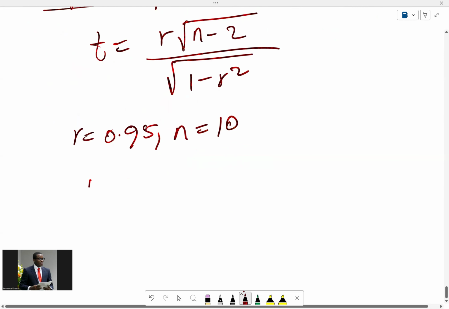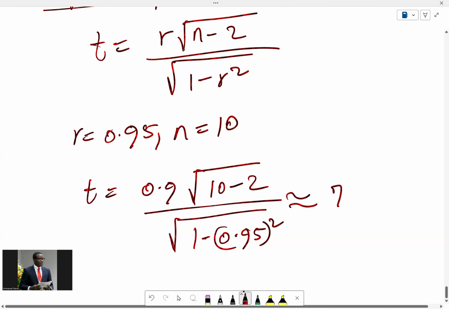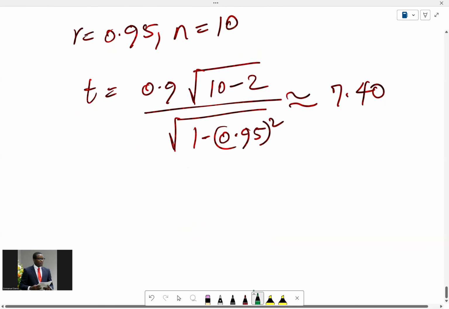Then T equals 0.95 square root of 10 minus 2 divided by square root of 1 minus 0.95 squared. That is approximately 7.40. You can check that to be sure.